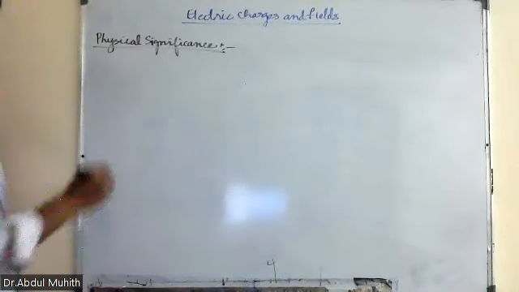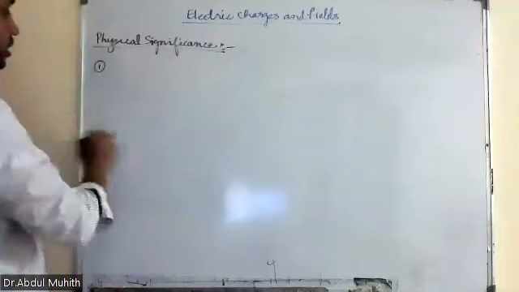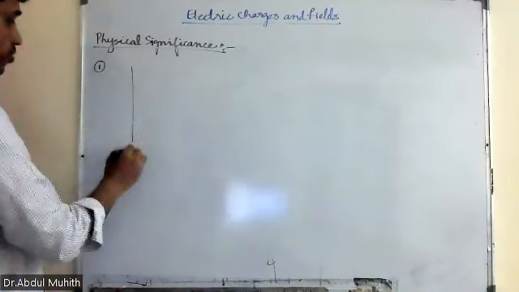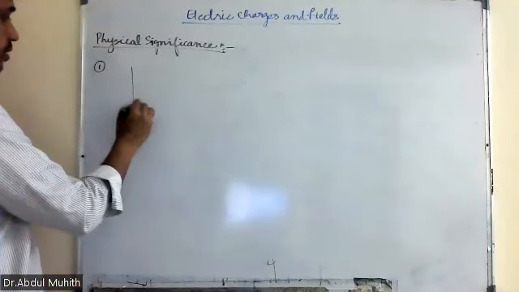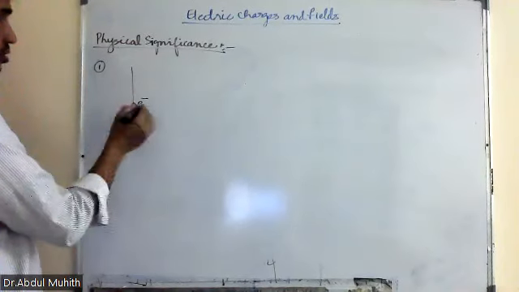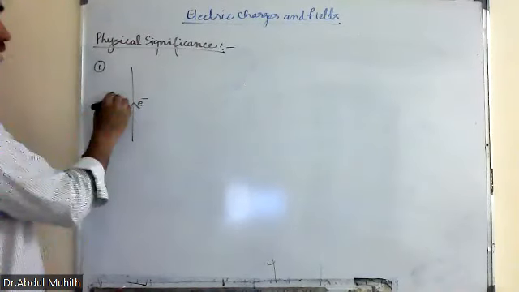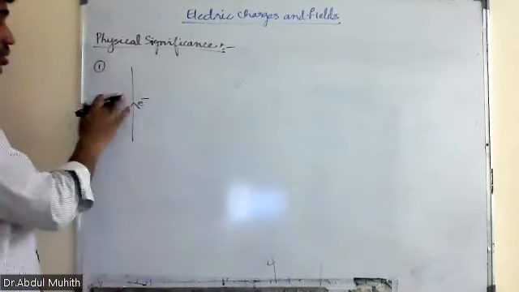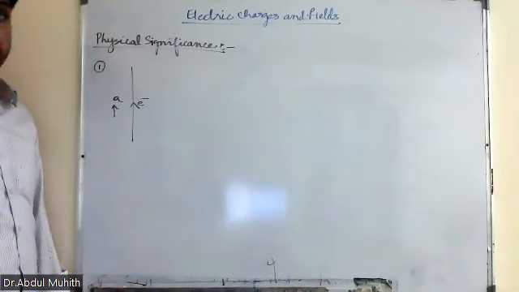So the first one says, suppose some electrons accelerate here in the antenna. Simple example. This gives the concept of electromagnetic waves.